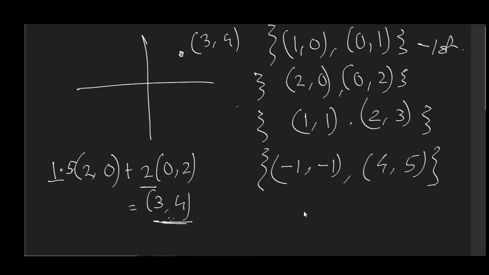This is an element of R2, a vector space formed over R, and you are trying to represent its element by means of a particular basis, like 2 comma 0, 0 comma 2. Then this selection of scalar must be unique. You cannot have any other combination other than 1.5 and 2 that would result in 3 comma 4. That is what I was trying to claim by that previous statement.